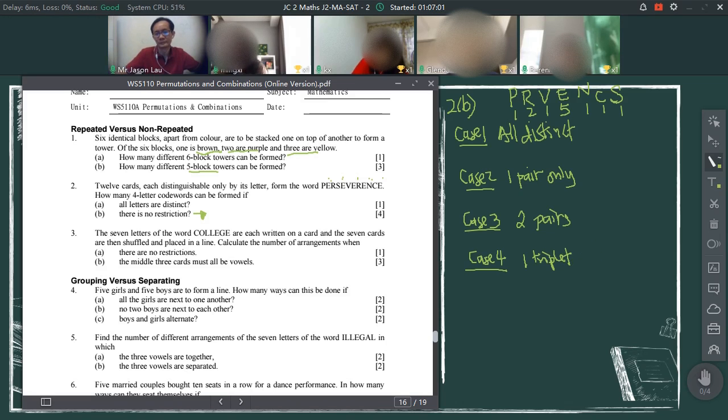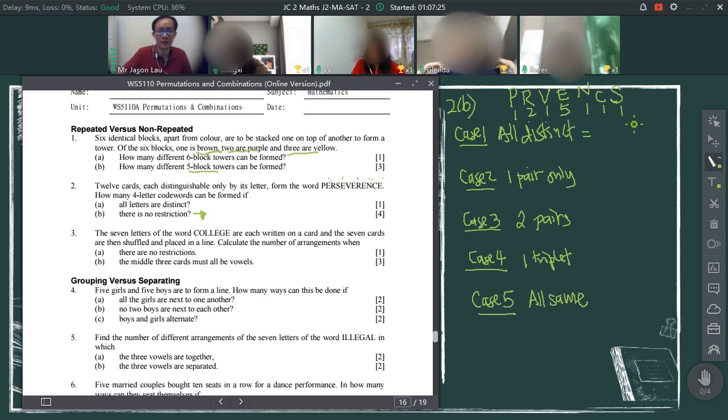I feel it's still not right. Got case 5? Quadruplet, all same. Okay, all the same.